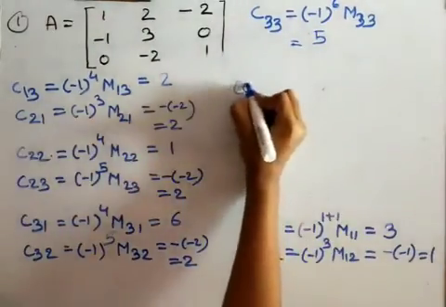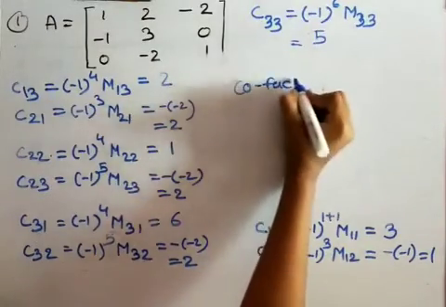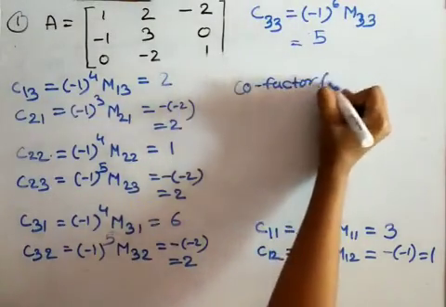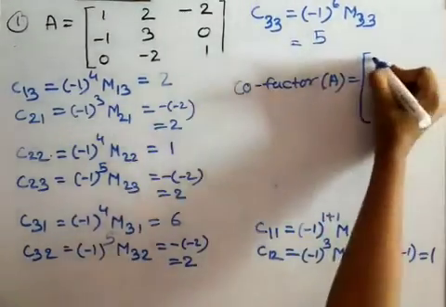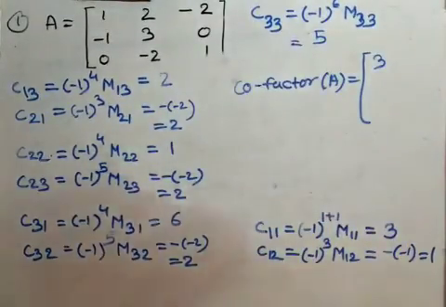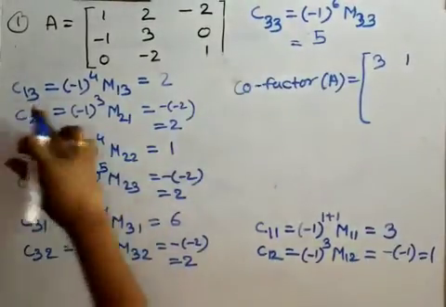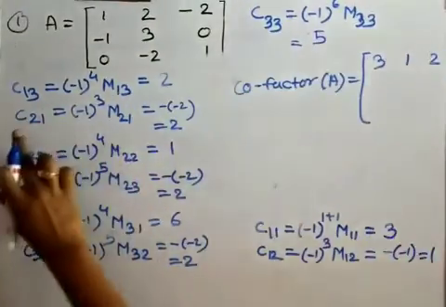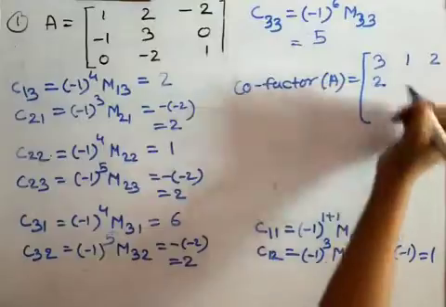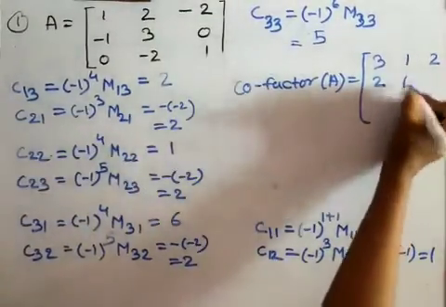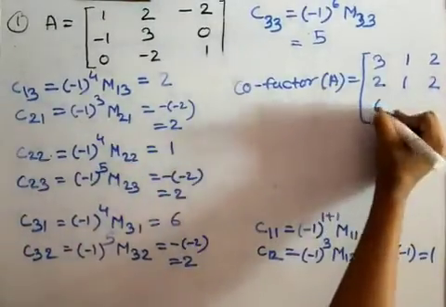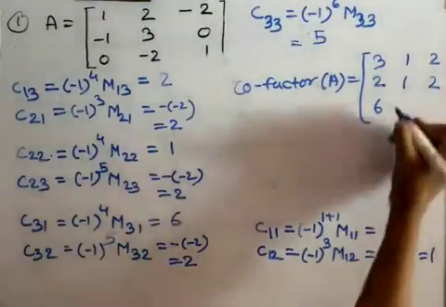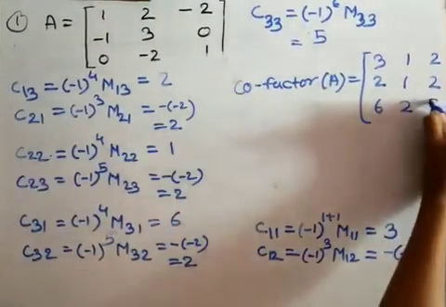So write these cofactors in matrix form. Okay, first what is C11? 3, C12 is 1, C13 is 2, C21 is 2, C22 is 1, C23 is 2, C31 is 6, C32 is 2, and last is 5.